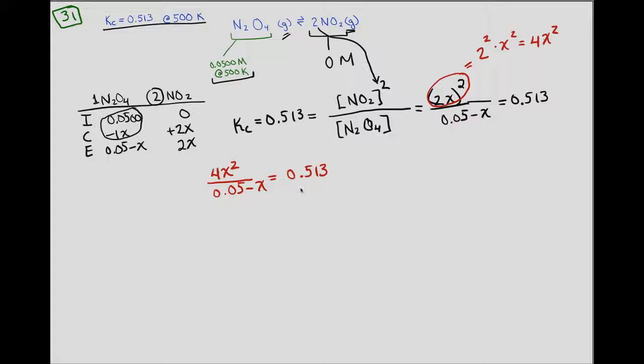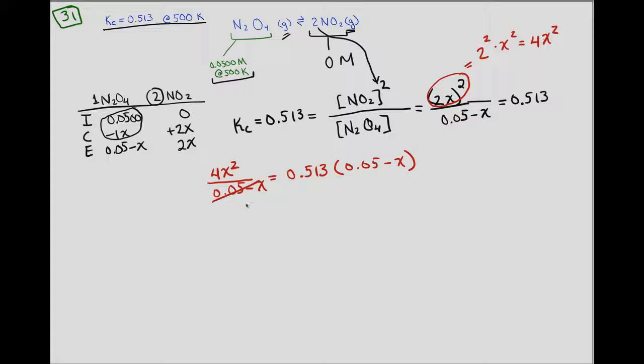Now we're going to grab this bottom piece down here, and we're going to multiply left and right sides with it. What's going to happen is on the left side, it's going to cancel out, and on the right side, it's just going to be 0.05 minus x.